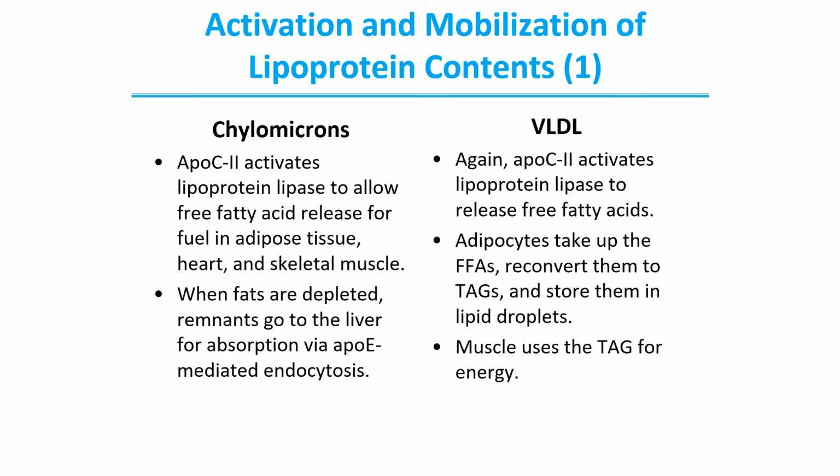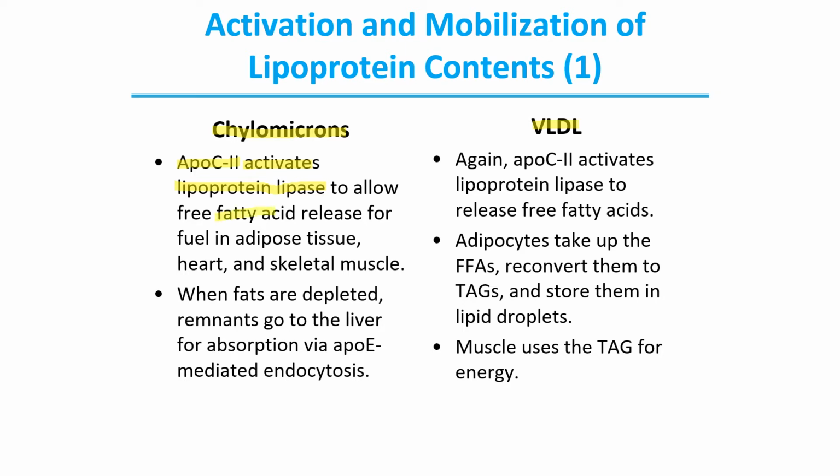So a brief description of the chylomicrons and the VLDL, and how the lipid content inside these lipoproteins is activated and metabolized. We just saw in the previous slide the protein ApoC2 is the one that activates the enzyme lipoprotein lipase in chylomicrons, and this enzyme breaks down the TAGs into free fatty acids.